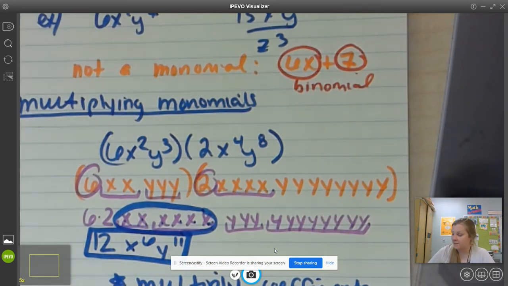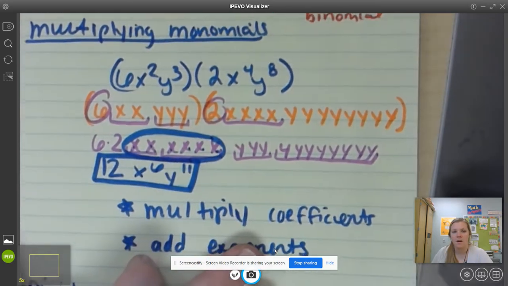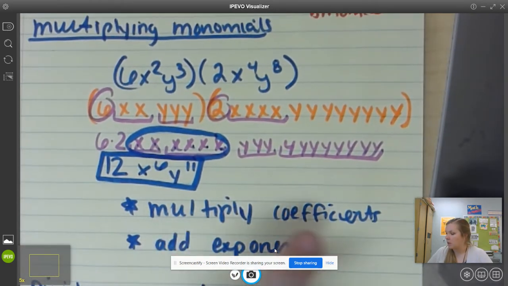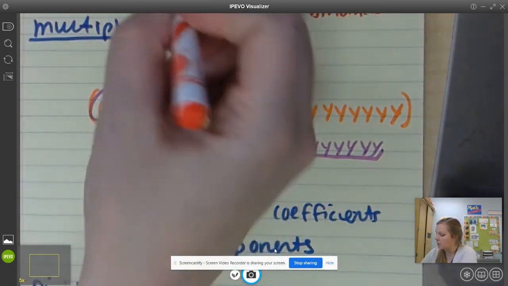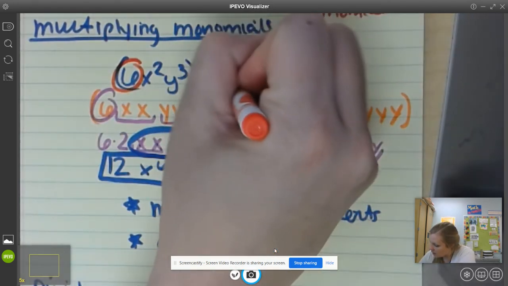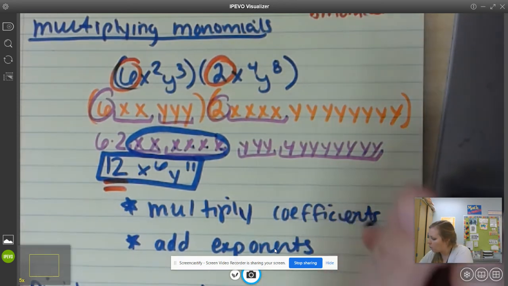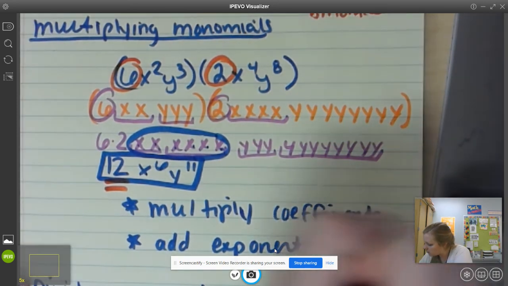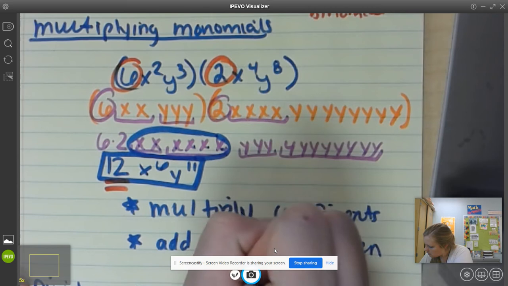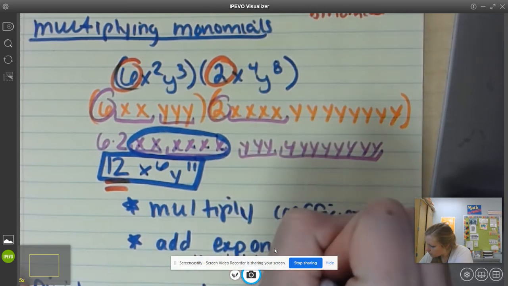The shortcut, this is pretty cool. The shortcut is you're going to multiply the coefficients. You're going to multiply the numbers in front. So 6 times 2 is 12. And then you're going to add the exponents, when variables match.